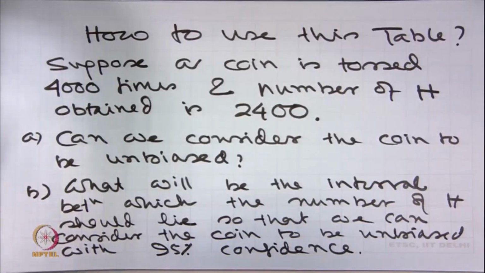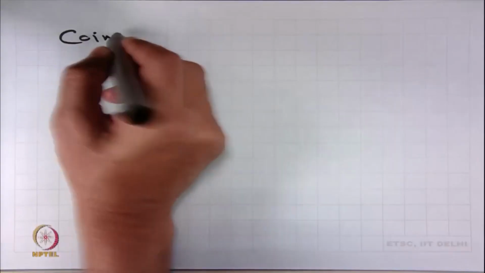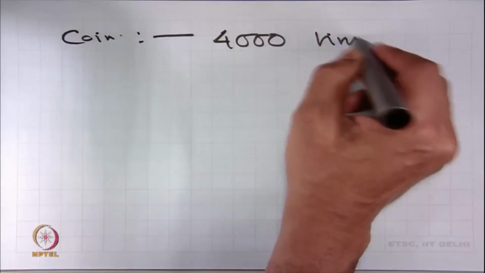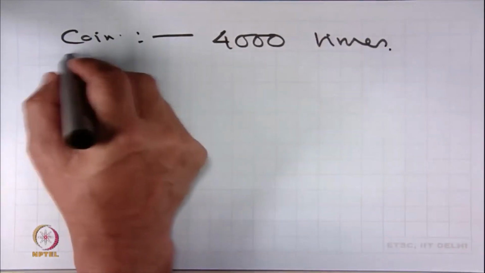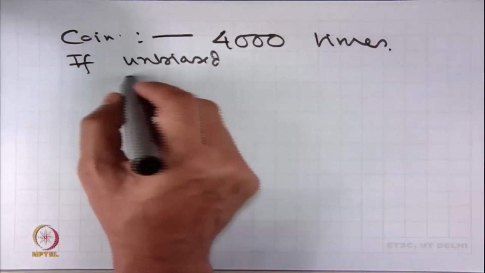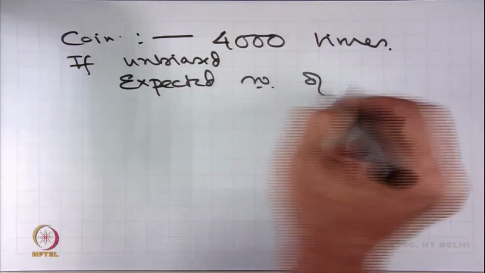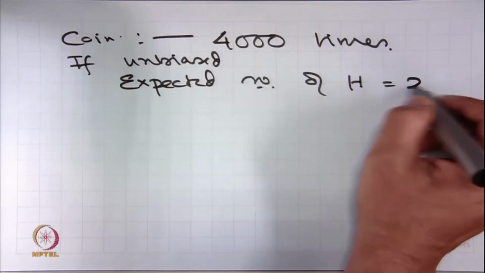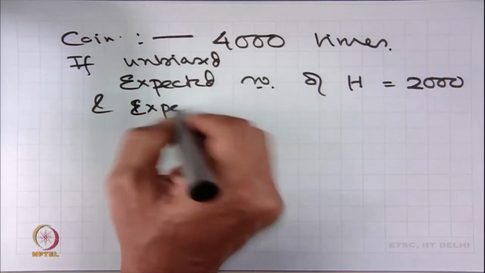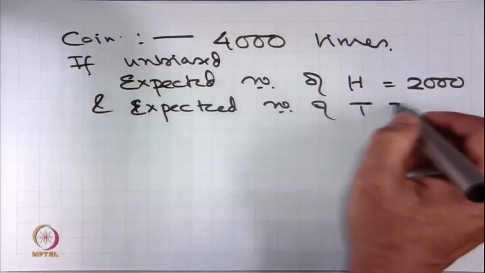So, let me explain the problem again. There is a coin, we tossed it 4,000 times. If it is unbiased, the expected number of heads is equal to 2000 and the expected number of tails is also 2000.